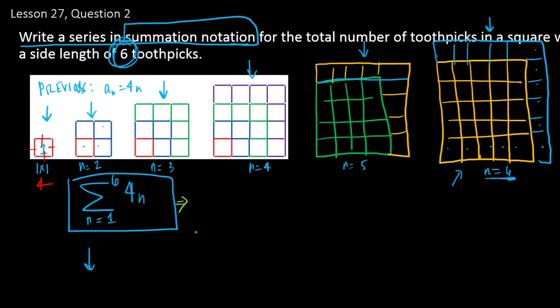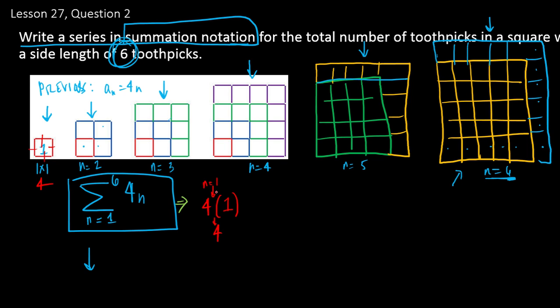Okay, so if I just count from n equals 1 and evaluate this, I'll get 4. So when n equals 1, so how do I want to do this? So for n equals 1, 4 times 1 is 4, right? So you can see I'm building it downwards like this.